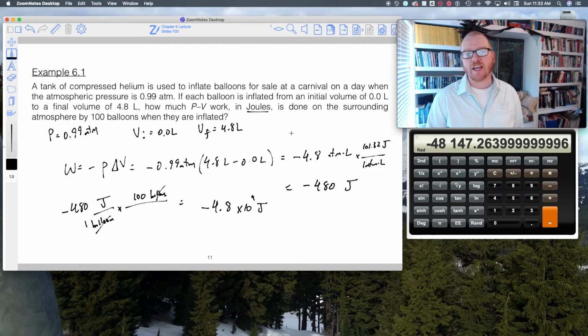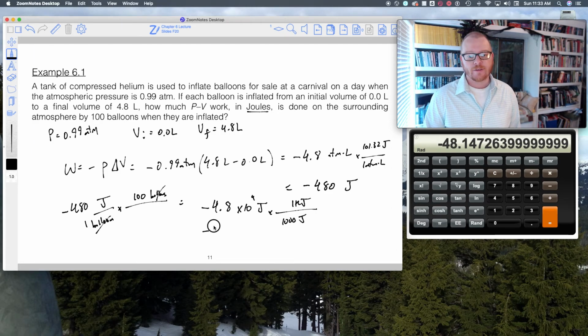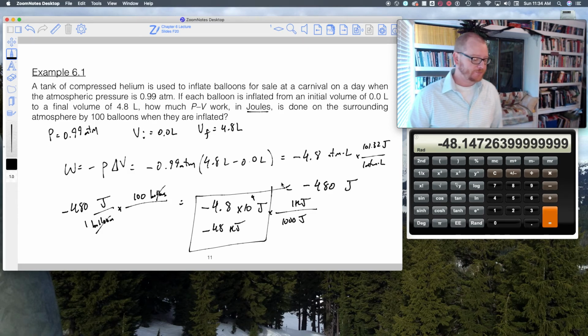Even though the problem said joules, that would be the right answer, but just to show you, there are 1,000 joules in 1 kilojoule, so we'll divide by 1,000. So I could say negative 4.8 times 10 to the 4th joules, or negative 48 kilojoules, okay?